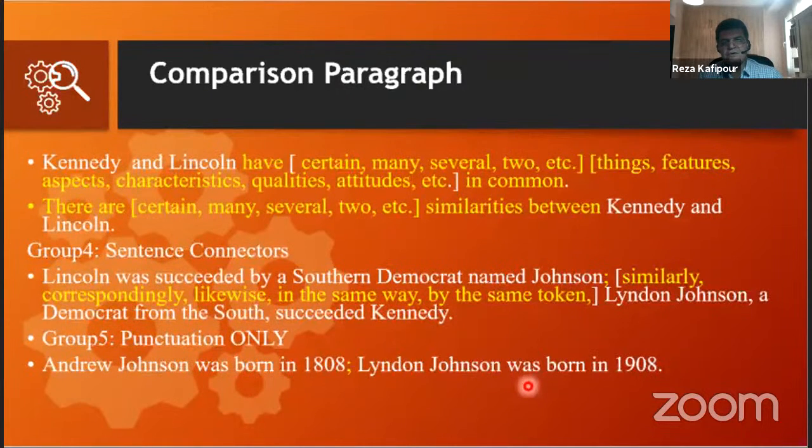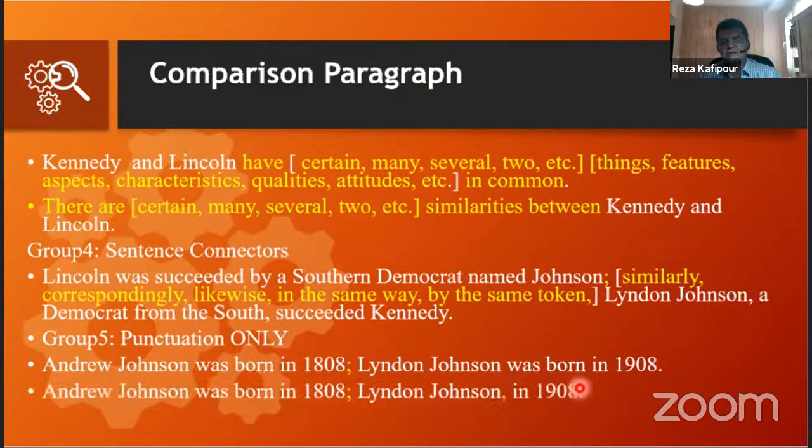Here, as you see, was born is a parallel structure, repeated from the first part. So this can also be omitted and the sentence can be rewritten in this form. Andrew Johnson was born in 1808, semicolon, Lyndon Johnson, comma, in 1908.